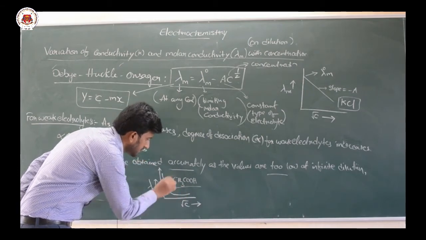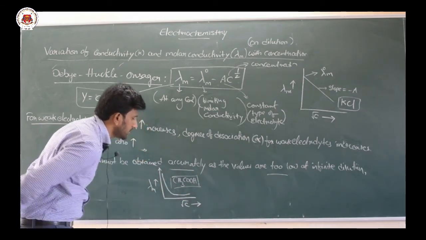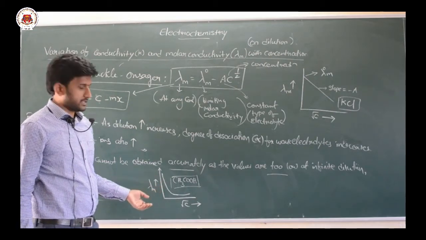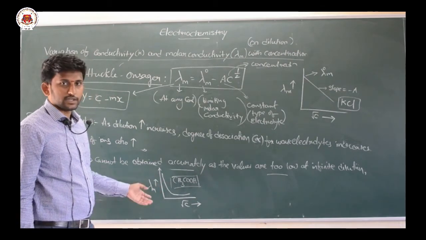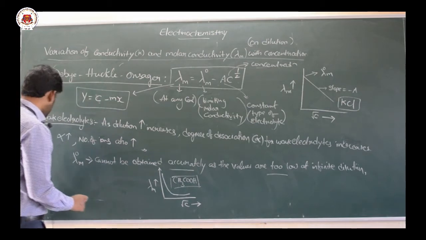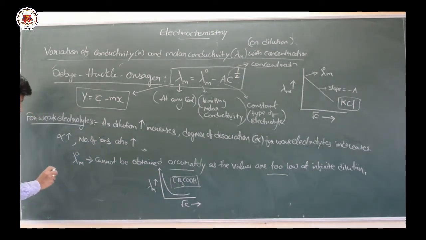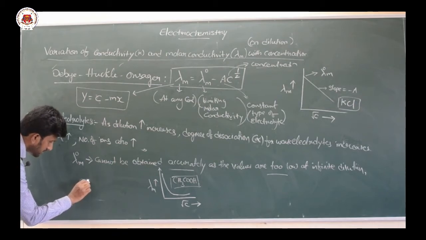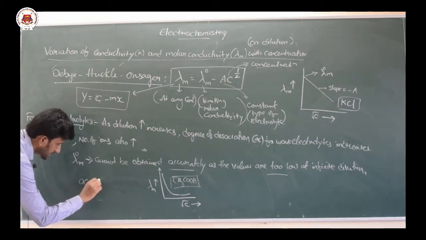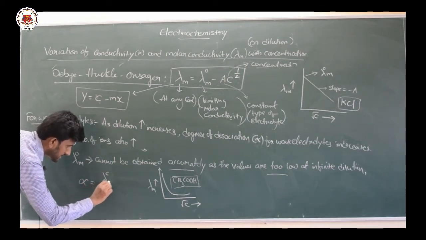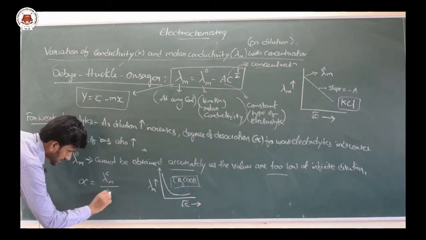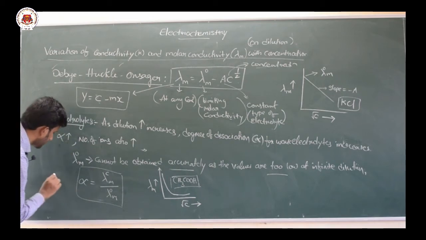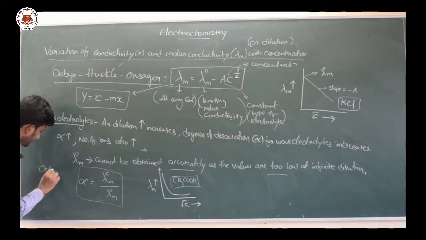for weak electrolytes like acetic acid. This problem for weak electrolytes is solved by Ostwald dilution law. According to it, alpha is equal to lambda Cm by lambda naught m. That is Ostwald law.